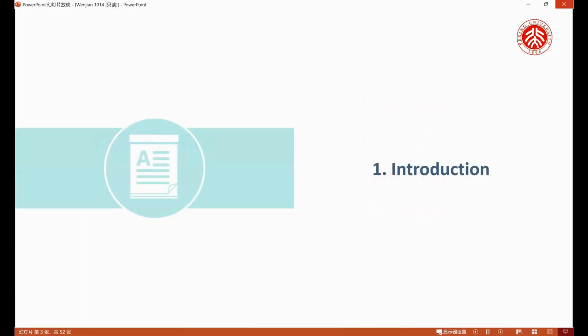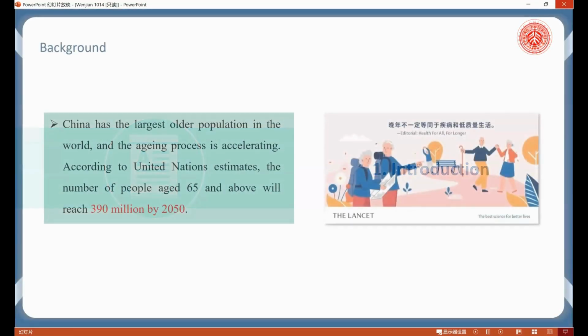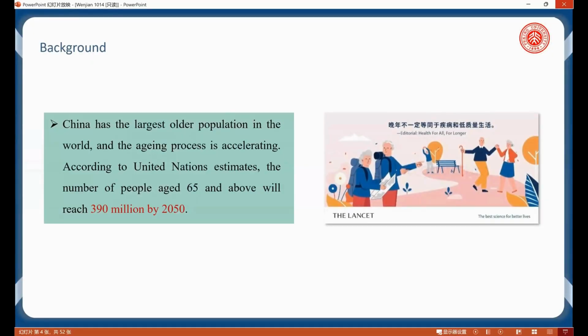The first part is the introduction. China has the largest older population in the world, and the aging process is accelerating. According to United Nations estimates, the number of people aged 65 and above will reach 390 million by 2050.